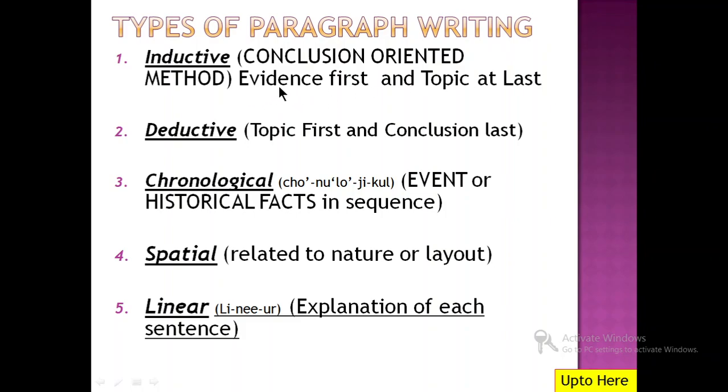Means you need to put some of the related sentences which can show the evidences, facts or anything. Then only you can give the conclusion. So evidences and conclusions come together one by one in a consecutive way. Second thing, elaboration comes later on, and it is a must to write the topic at the last. Topic means topic sentence must be written at the last in inductive order. Is that clear?